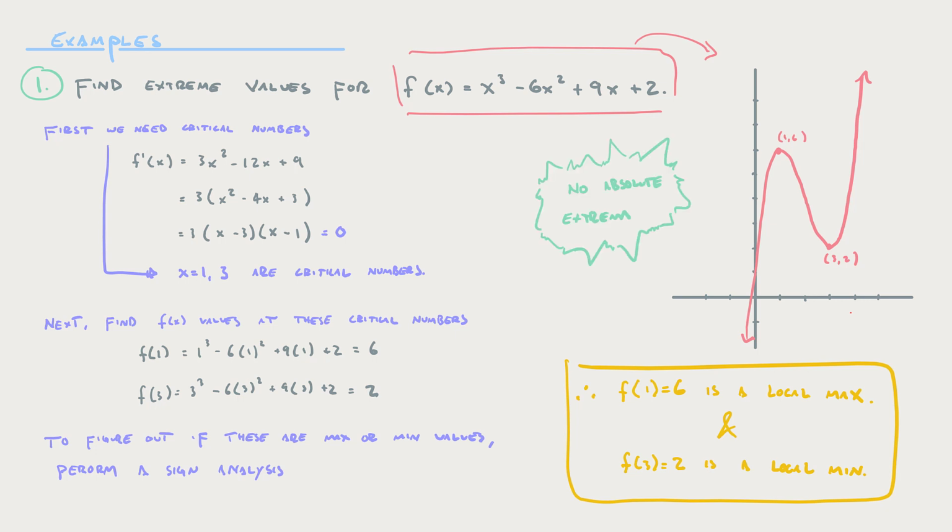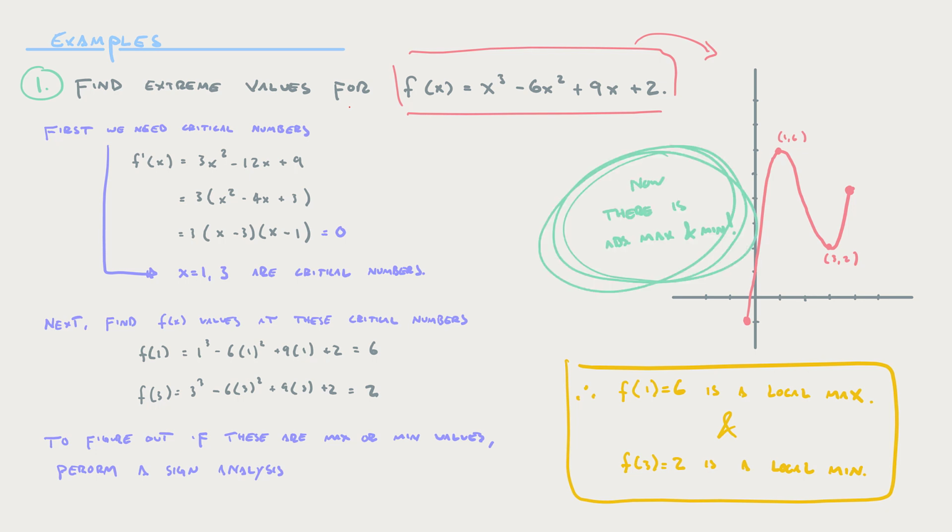So no absolute extrema in this one, especially because it's an odd degree polynomial, so one side's falling and one side's rising. We could conclude that almost right away, before having done any of this stuff that we did already. But if I replace the arrows with endpoints, so now I have a closed interval on this function, then we would have absolute maximum and absolute minimum values.